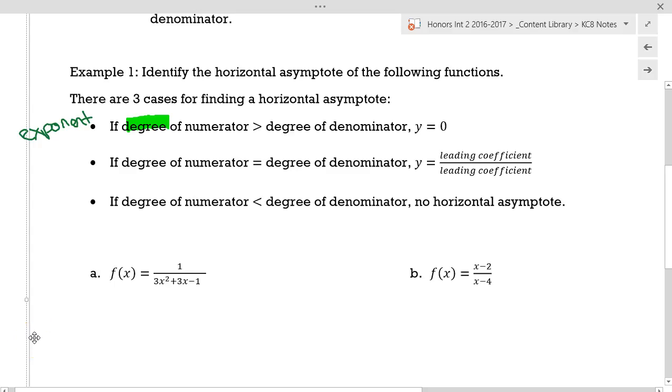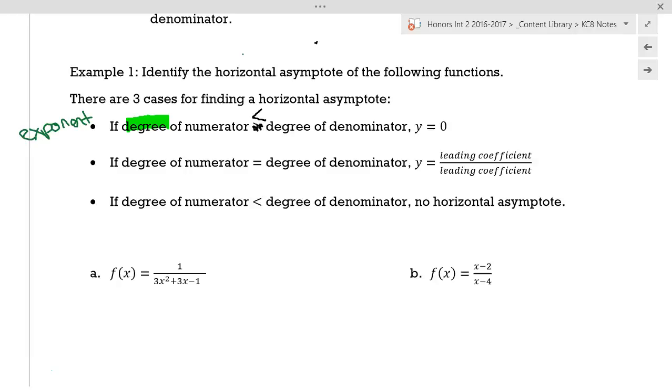There is actually a typo here. I took the wrong direction. This one should be if the degree of my numerator is less than the degree of my denominator, then y equals 0. Please make that change in your own notes so that you can refer back to it. That's case 1.